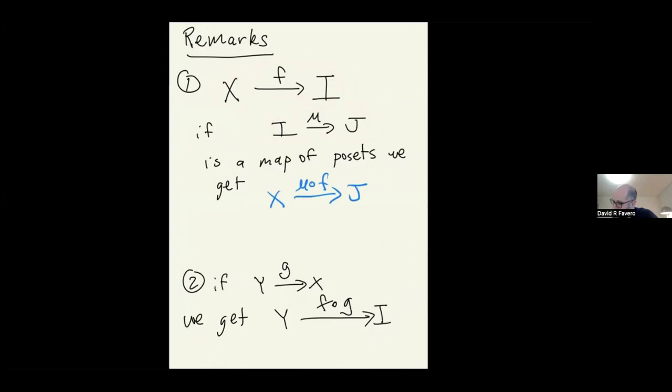Or if I started with a continuous map X to Y and X was again a stratified topological space, I get a new stratification of Y by just composing, right? So for example, if Y is some kind of subset of X, then the strata are intersections.